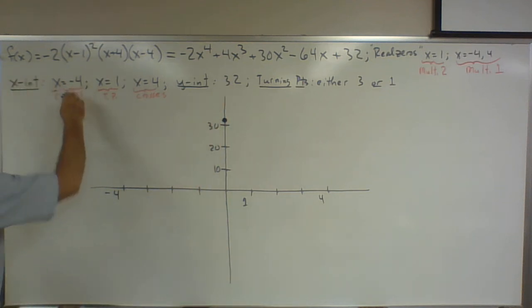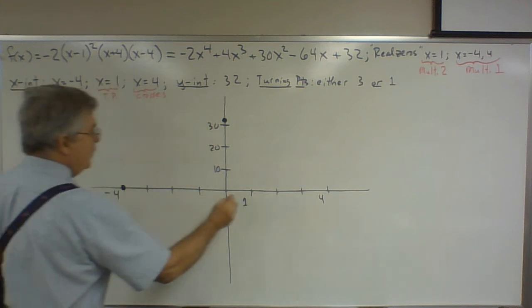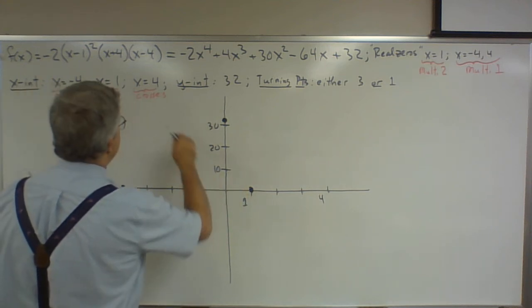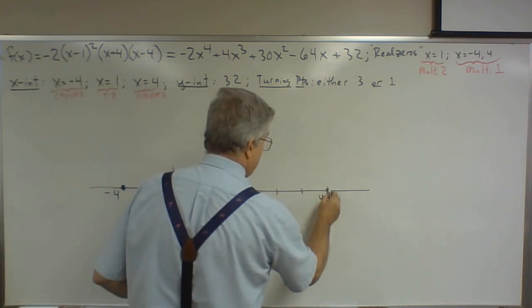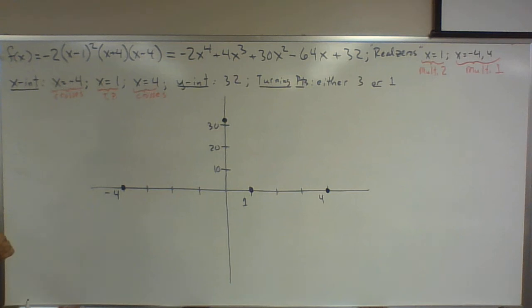Our x-intercepts are negative 4, positive 1, and positive 4. Excellent. Let's see, what else do I know?